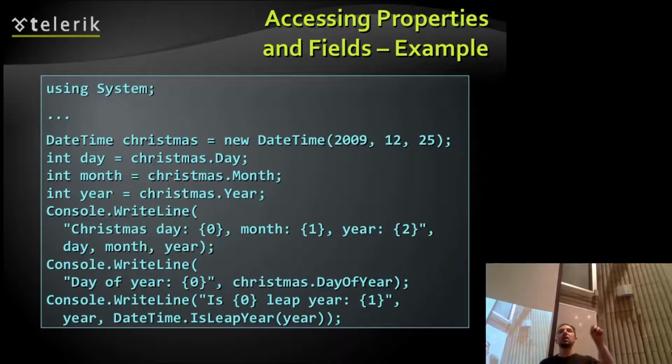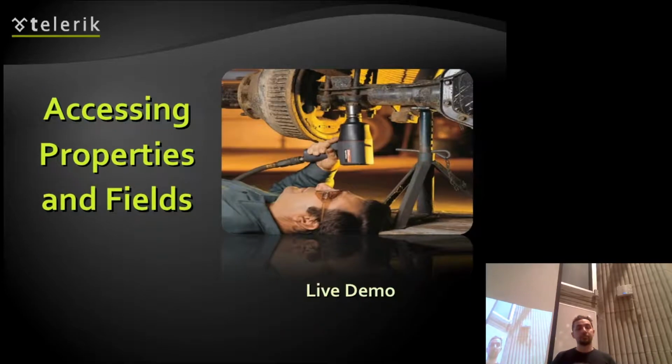If it is Christmas, Christmas is the name of an instance. So if it's an instance variable name dot something, that is an instance method. Okay. So let's do a couple of these.